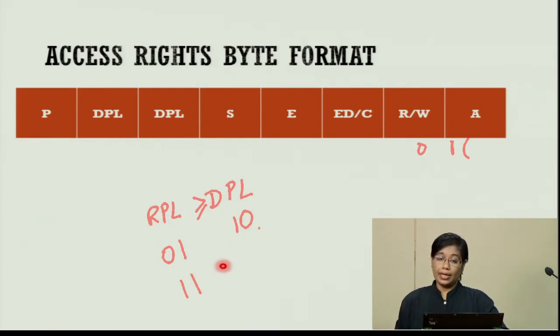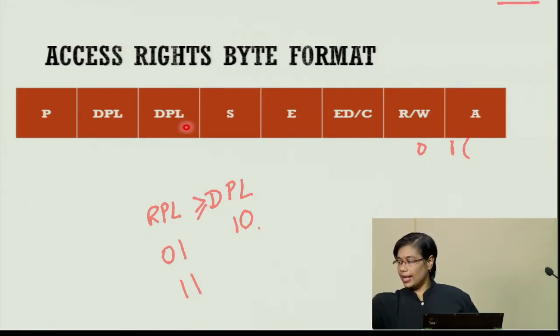If the RPL is lesser than the DPL, access to the segment is not going to be allowed. So the RPL is always compared against the DPL value that is present. This is as far as the RPL bits are concerned.